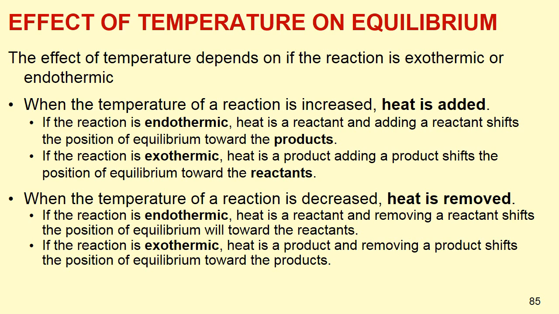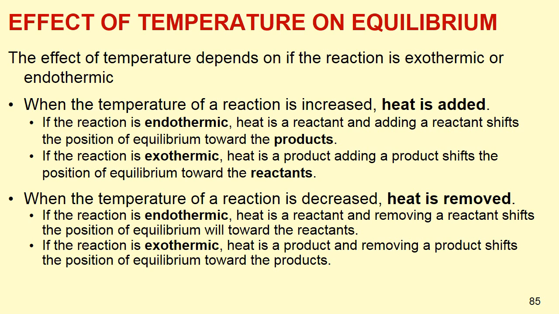So if we increase the temperature, we're really increasing a reactant. And so what happens? The reaction will shift toward the products, to the right. If the reaction, however, is exothermic, that means heat is a product. So if we increase the temperature, we're increasing a product, and so it will shift toward the reactants, toward the left.